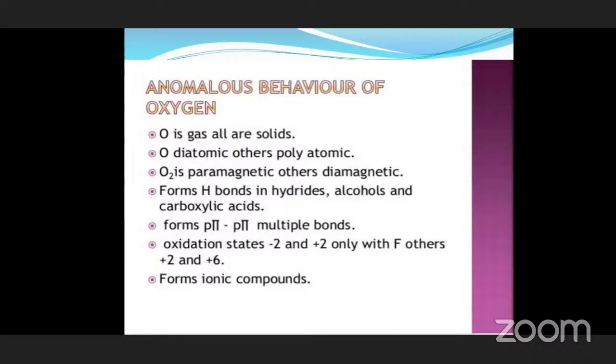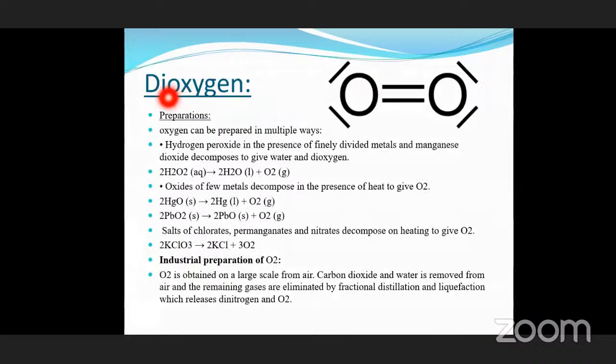Here, dioxygen. Oxygen is always represented as O2, like this. The valency of oxygen is 6 electrons. Here is one oxygen atom.